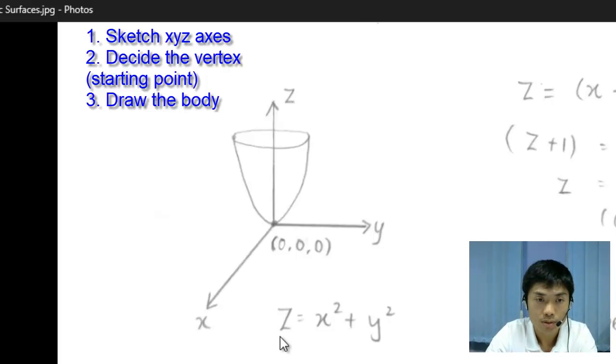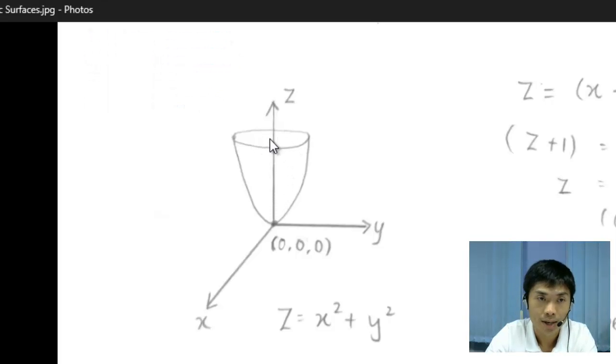Because when you substitute the z value with a constant, you end up with the equation of a circle. So when the values of x and y get larger, the radius of the circle will be larger as well. So you have this shape where the orientation of the elliptic paraboloid is in the positive z direction.